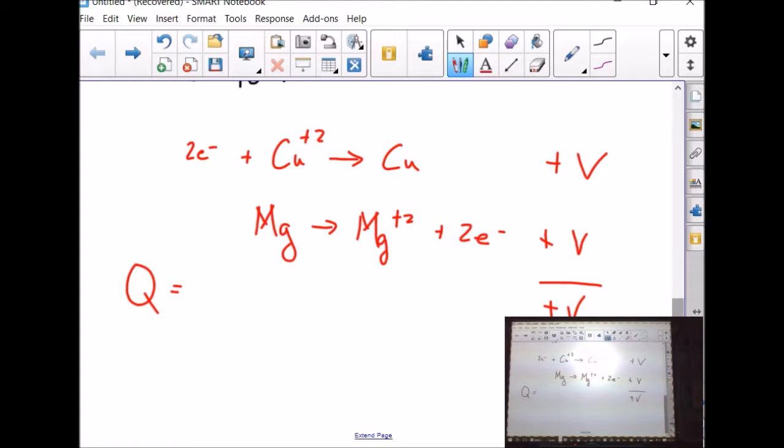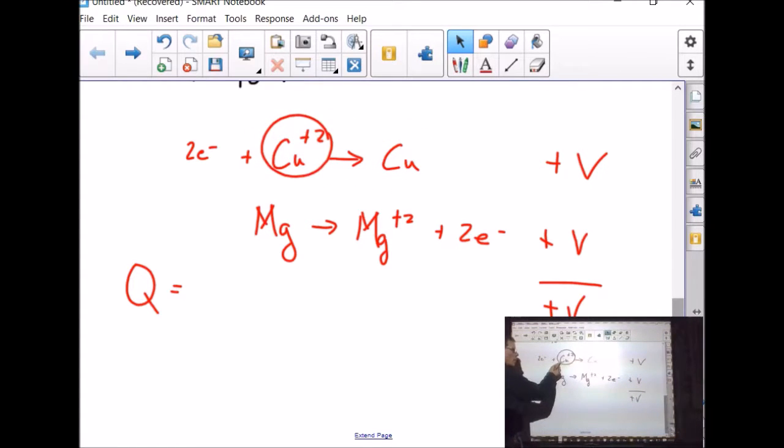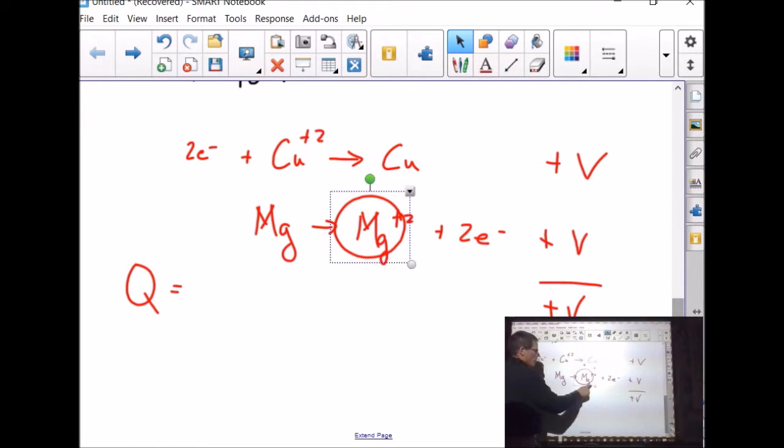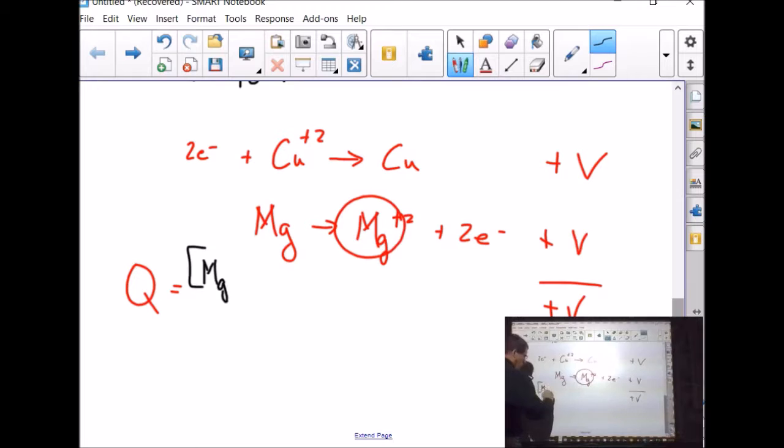But what can go in there? Gases and aqueous. Good. So is this considered aqueous? No. This is considered aqueous. So there's our reactant. There's our product. So in this case here, Q would be magnesium +2 over our copper +2.